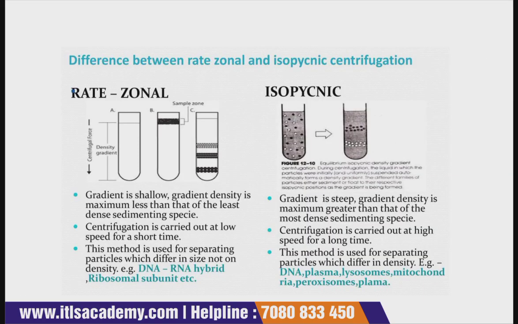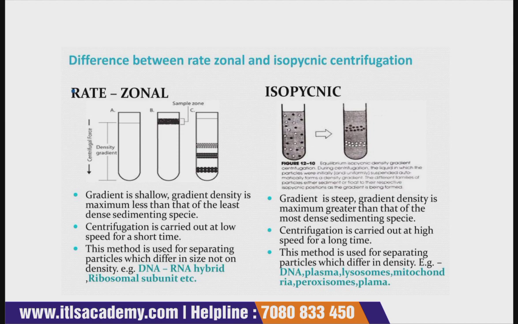Now comes the difference between rate zonal and isopycnic centrifugation. In rate zonal, the gradient is shallow, whereas in isopycnic the gradient is steep. In rate zonal, the gradient's maximum density is less than that of the least dense sedimenting species. Centrifugation is carried out at a low speed for a shorter period of time, whereas in isopycnic it is carried out at a high speed for a longer period of time.